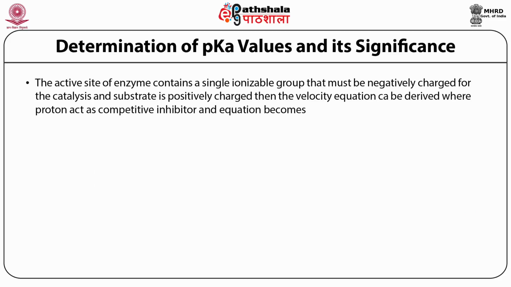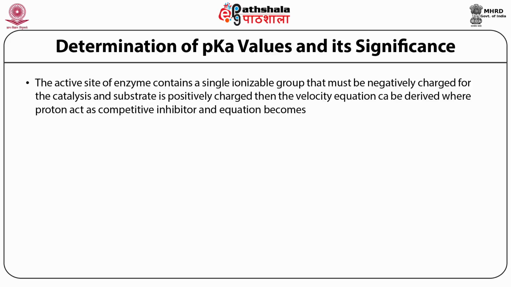The active site of the enzyme may contain multiple ionizable groups, or it may contain a single ionizable group. So let's assume that the active site residue has a single ionizable group and its substrate is positively charged.